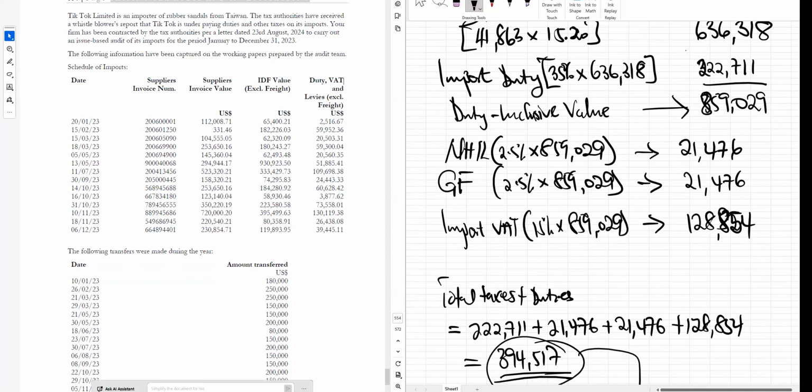Are you using a phone? Yes. Please rotate your phone. I'm doing the IDF value for fleet.